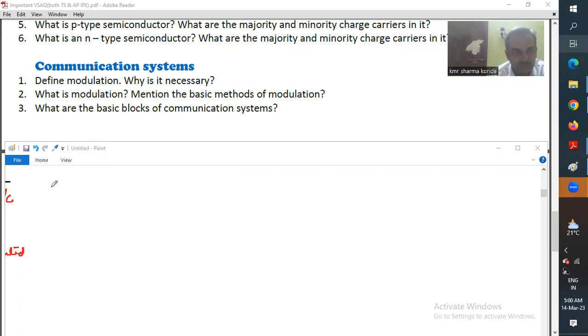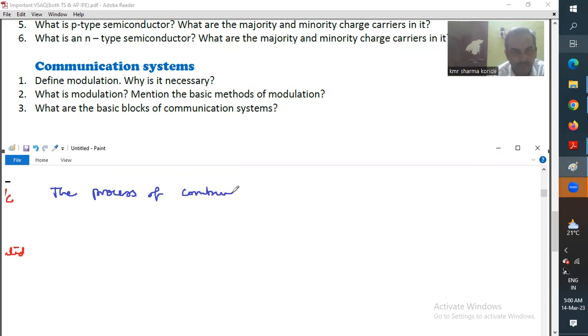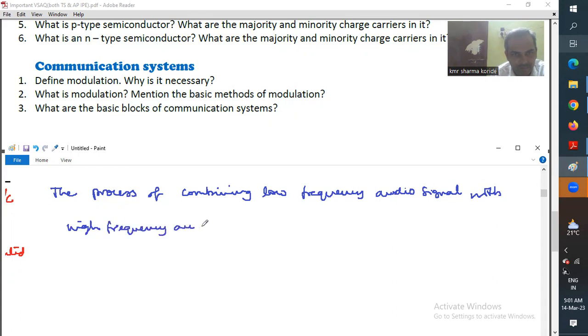The answer is the process of combining a low frequency audio signal with a high frequency signal is called modulation.